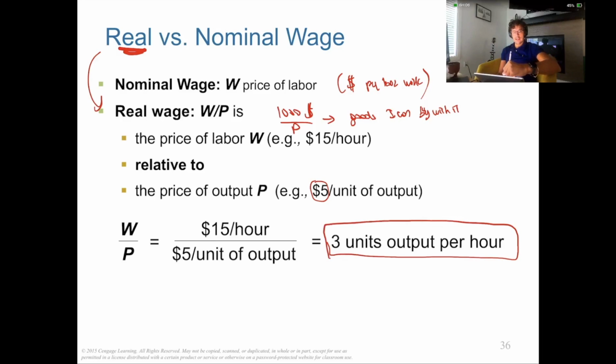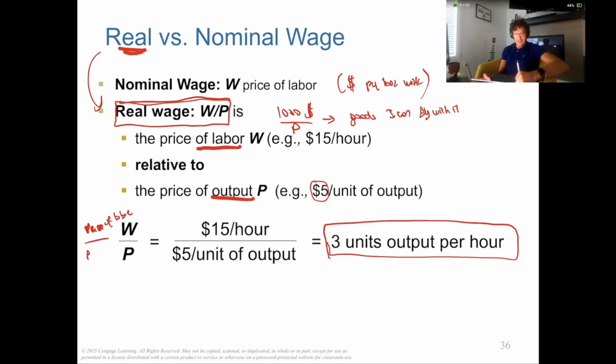So if you want, the real wage is an example of relative price. It is the relative price of labor versus output. Price of labor over price of output, which will tell me how many output goods I can get per change in hours.